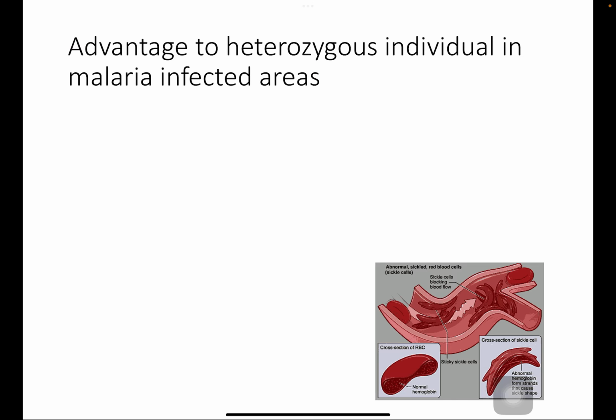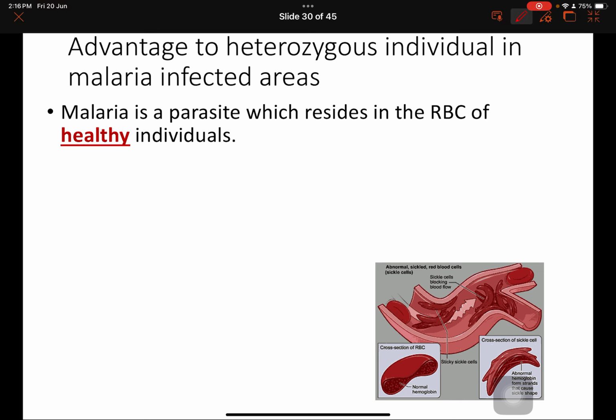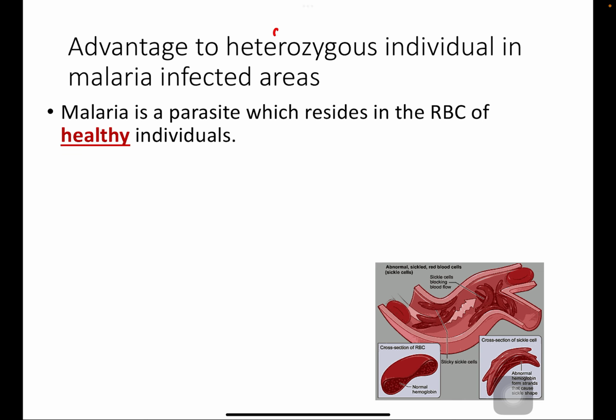So in summary, heterozygous individuals, which means individuals who are carriers, have at least one copy of the abnormal allele, which gives an advantage in malaria-infected areas. Why is this so?